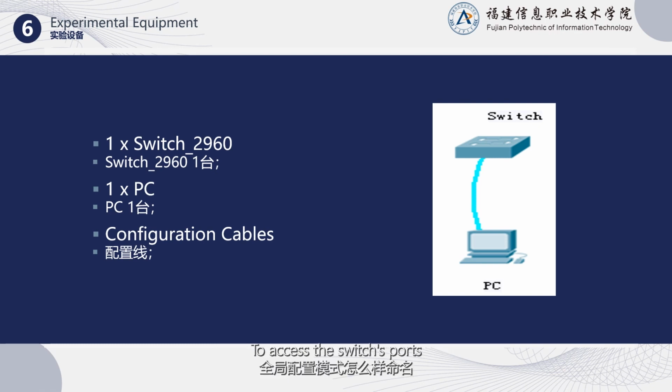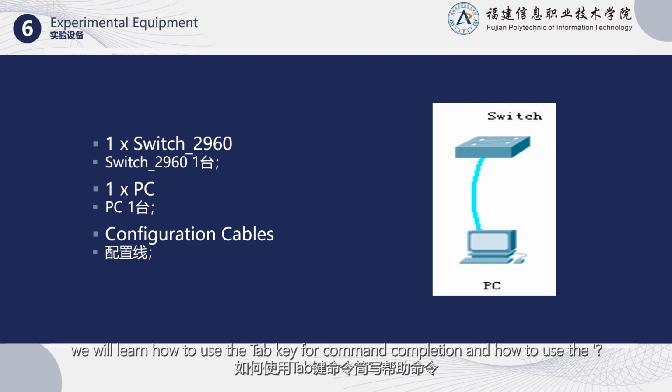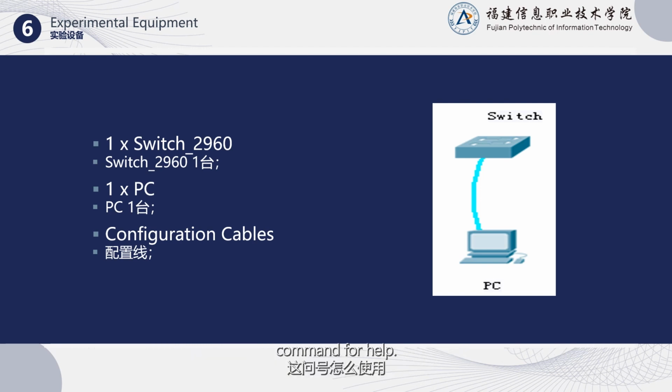To access the switch ports, use the interface port command. To exit a specific configuration mode, you can use the exit command. Additionally, we will learn how to use the Tab key for command completion and how to use the question mark command for help. Next, we will proceed with the practical operations.